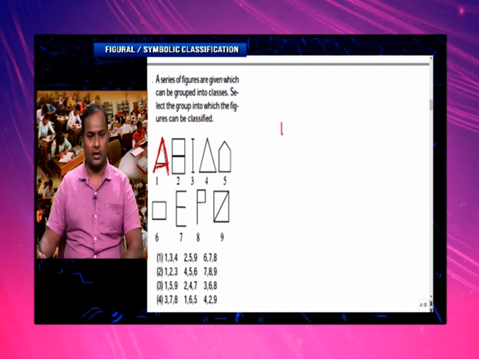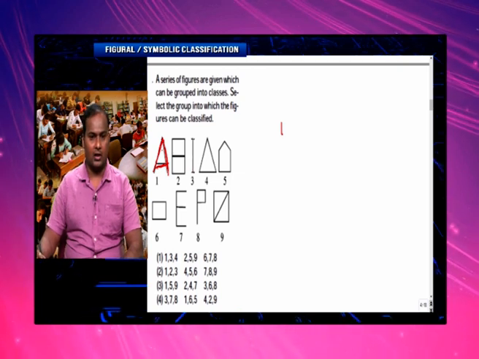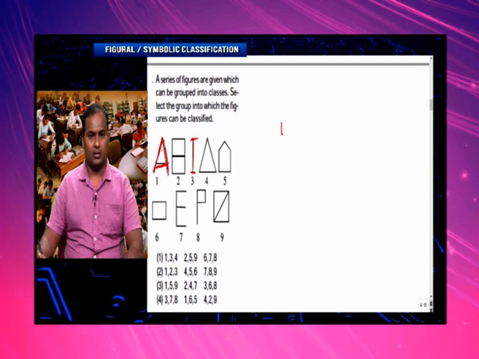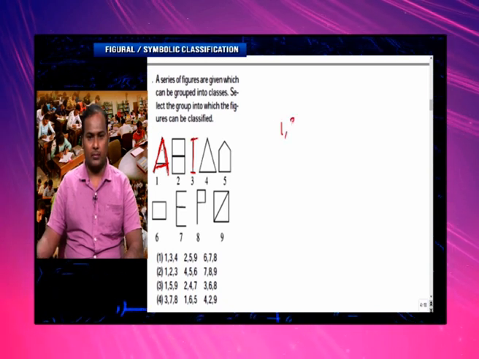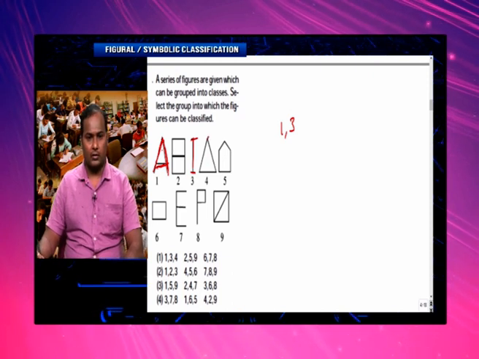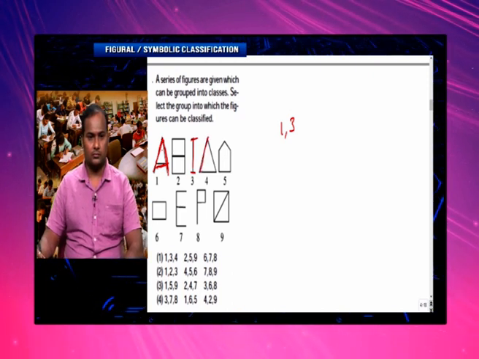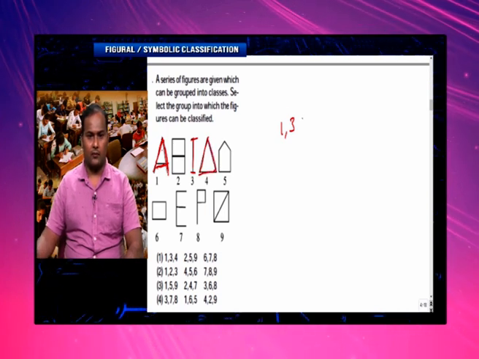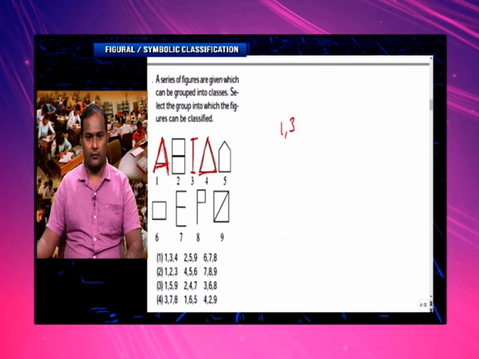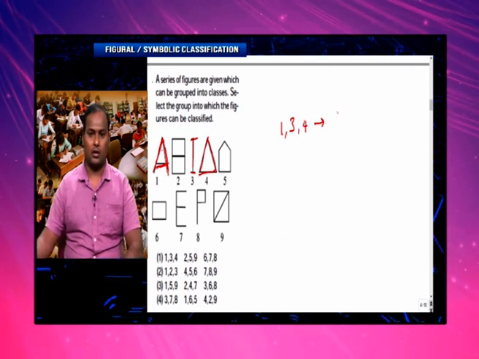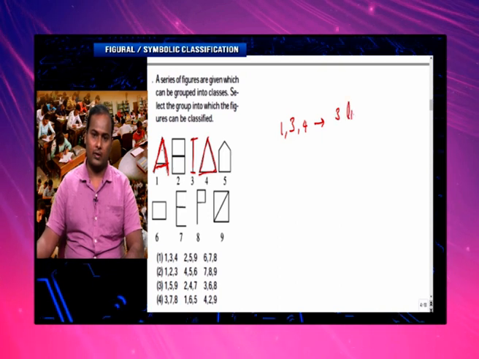Now figure 3 is also having 3 lines, right? This is one line, second line and third line. So 3 becomes part of this particular group. And see the fourth one, this also is formed with 3 lines, 1, 2 and 3. So obviously 1, 3, 4 will form a group based on the character of 3 lines.